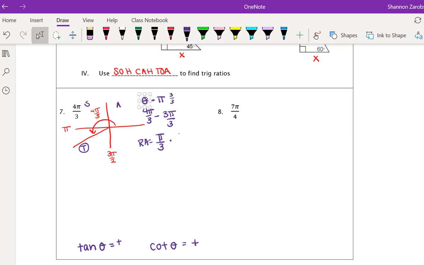Convert that into degrees. So I'm going to do 180 over pi. Pi cancels. 180 divided by 3, that's 60 degrees. So the reference angle should be a 60-degree angle.